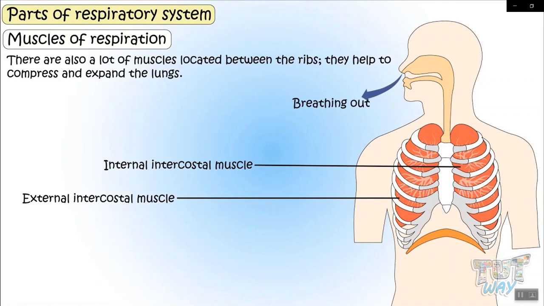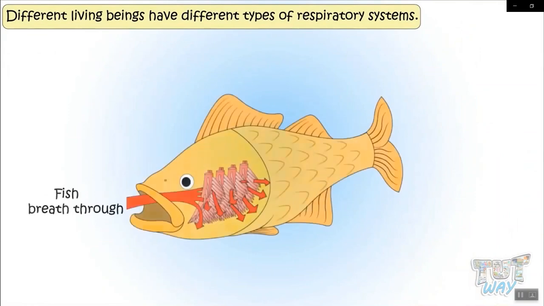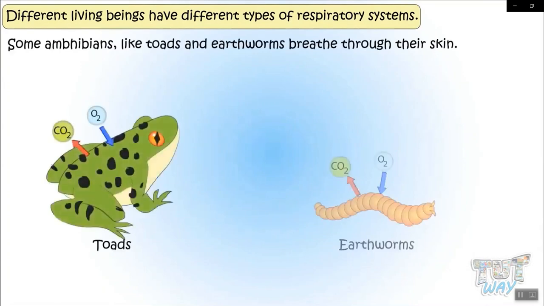So kids, today we learned about the respiratory system in humans. Different living beings have different types of respiratory systems, like fish breathe through gills and not through lungs. Some amphibians, like toads, and earthworms breathe through their skin.